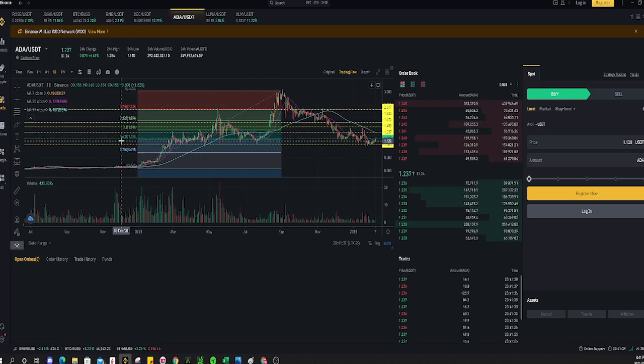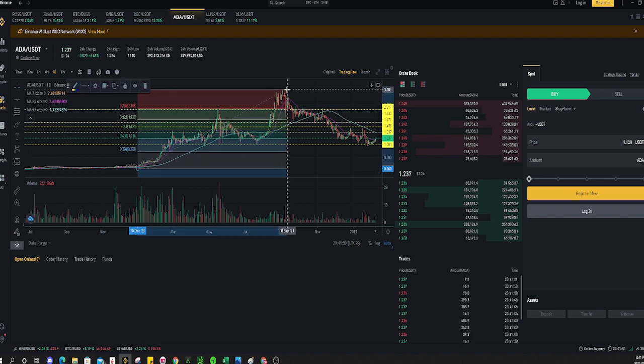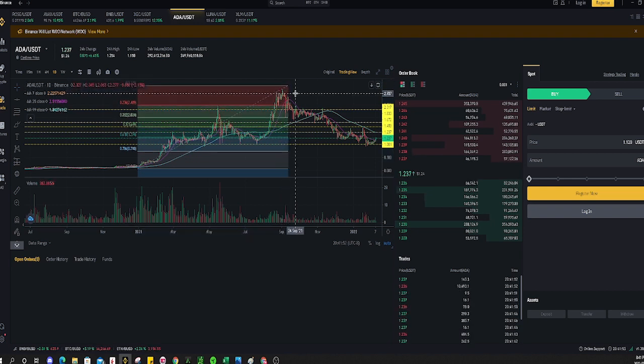I don't want to get into too much detail about Fibonacci. It requires its own time and depth, so I will make another video for that. But as you can see, these are pretty good lines, because they are also confirmed and verified with other Fibonacci lines.